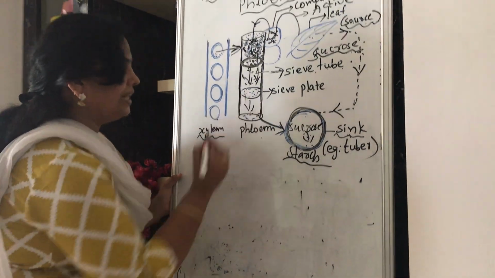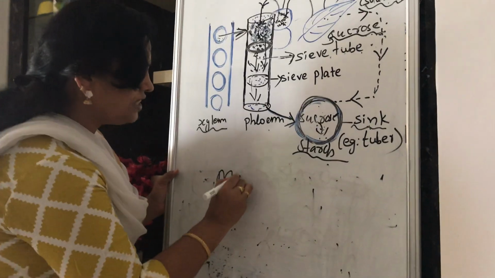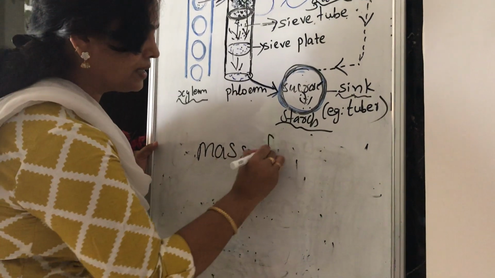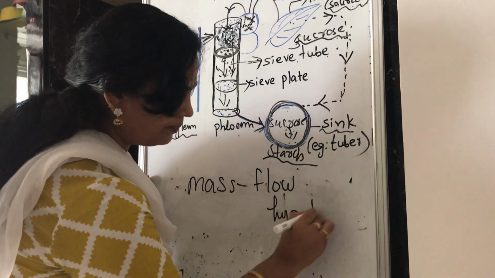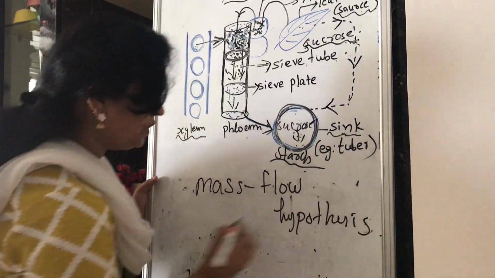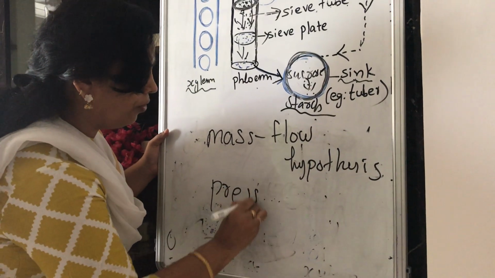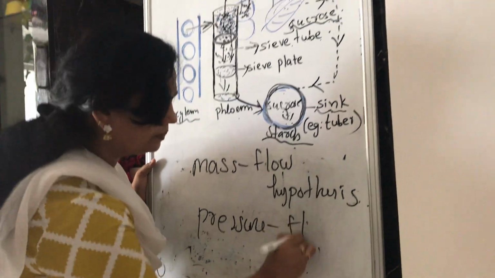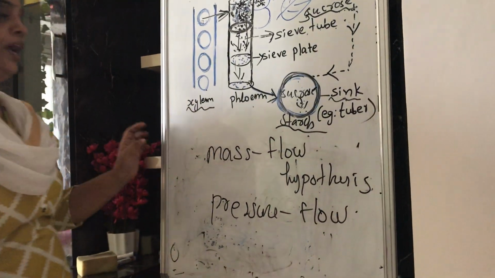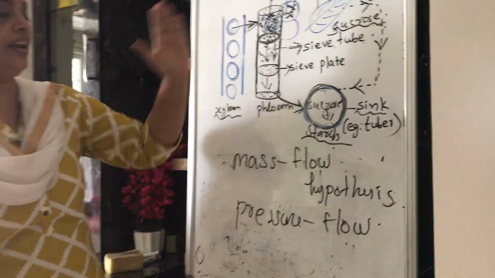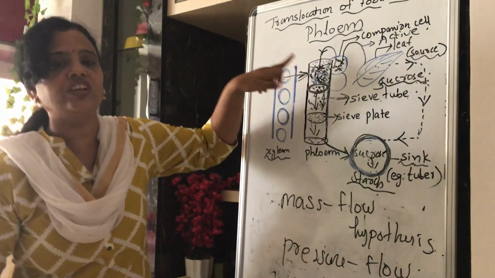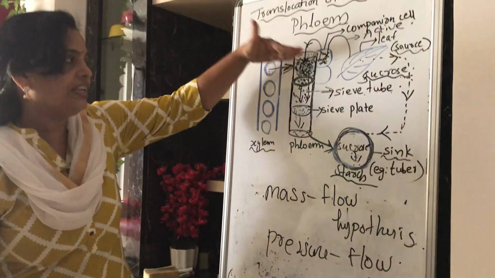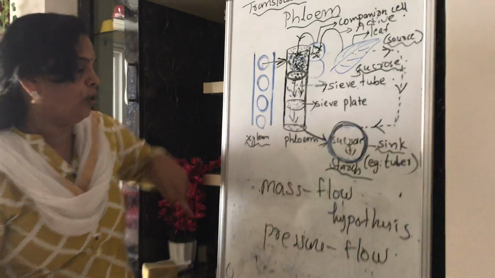So this theory is called the mass flow hypothesis, or it is also called the pressure flow hypothesis. It is called mass flow because the water enters as a mass. What is the mass? The water along with sucrose, the food. So it is flowing from high pressure to low pressure.